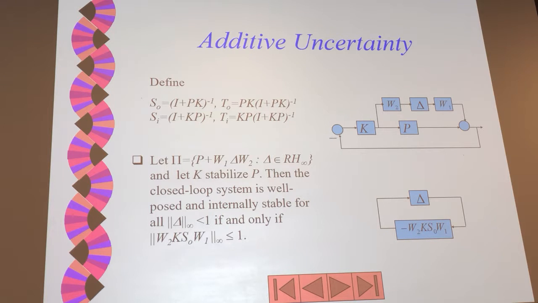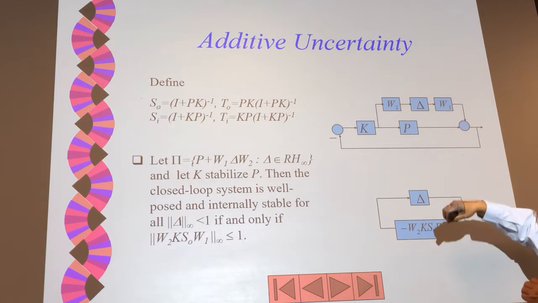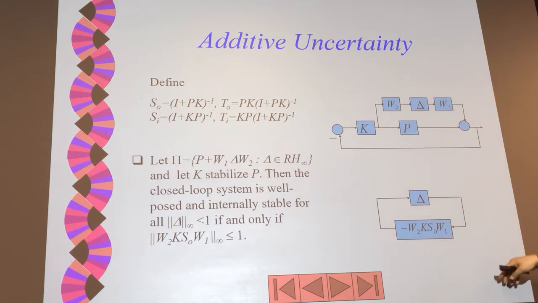If we discuss it this way, it is difficult. But if we discuss it in such a way that you pull out the delta, put this delta out, the rest is something you know. Everything is known. K is known, W1, W2 are known.